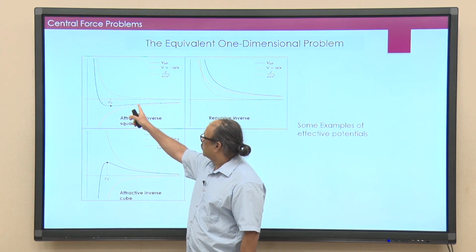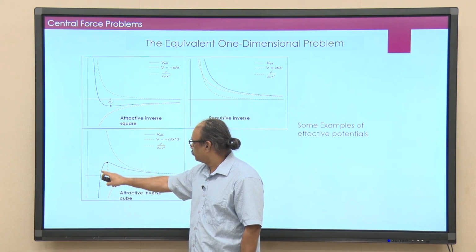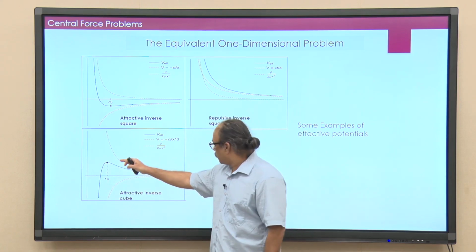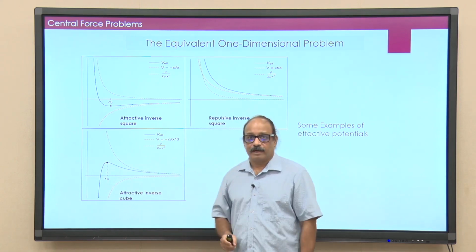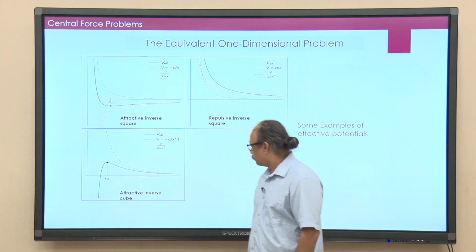It would be exactly opposite of this, and then somewhere the sum will be 0, you get a maximum, and then the potential goes to 0 as r goes to infinity. So, this is one more possibility there.